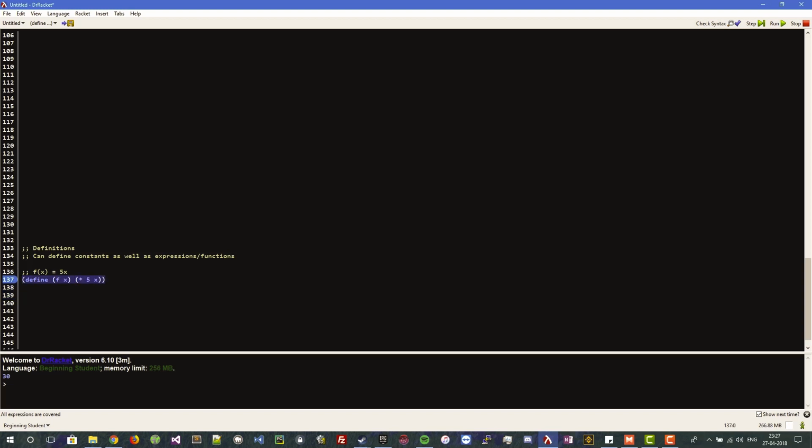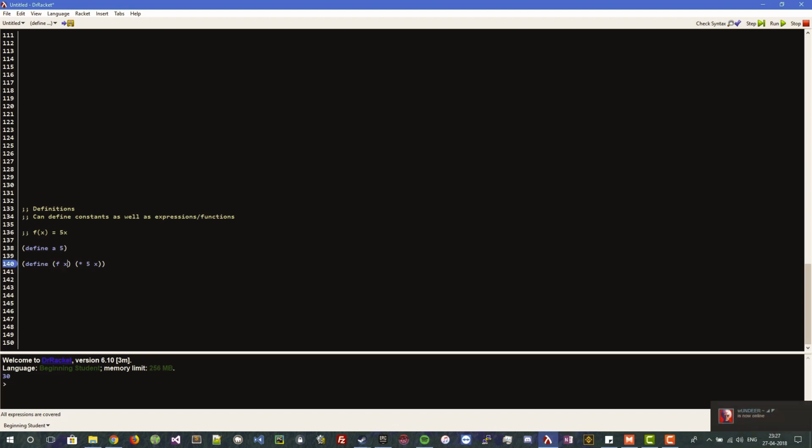When we define constants, we don't enclose them in parentheses. However, here we do. This is because it is important that define knows how many parameters are being passed. f is the name of the function. This can be anything. This can return 5 times x, and x is the parameter over here, which means we can pass one number to this function and it's going to give us this.